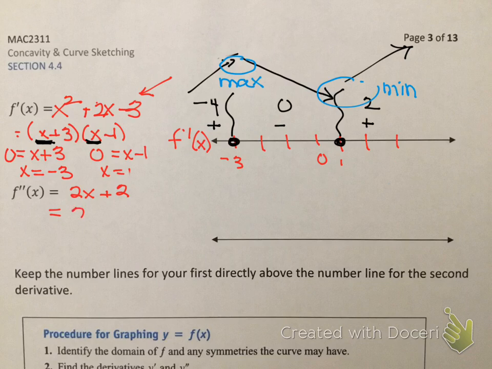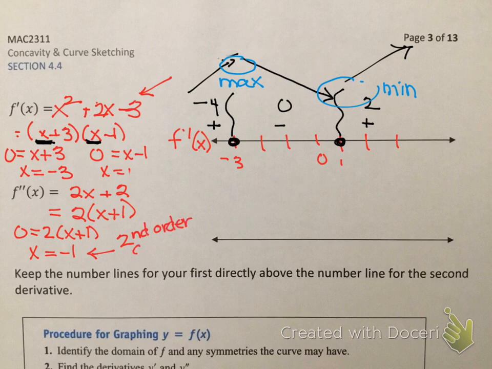Putting that in factored form, I get 2 times the quantity x plus 1. Setting that equal to 0, I get x is equal to negative 1. This is a second order critical point because it came from my second derivative.